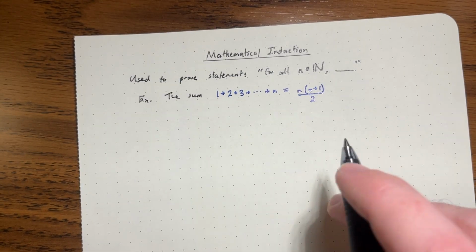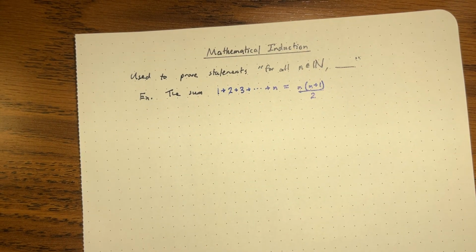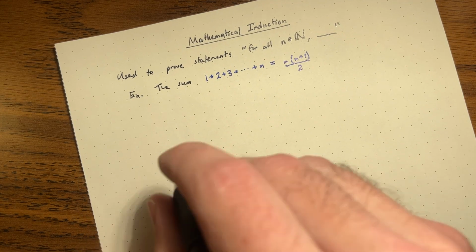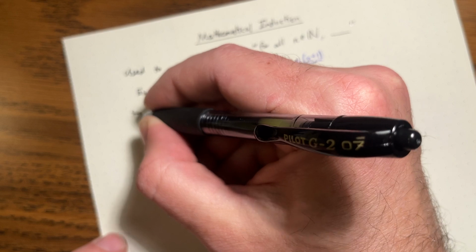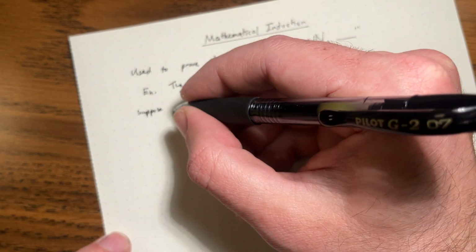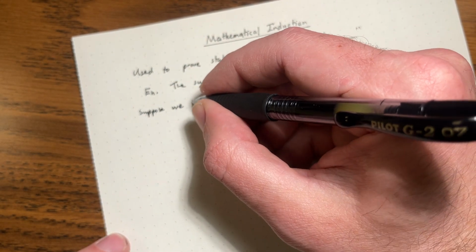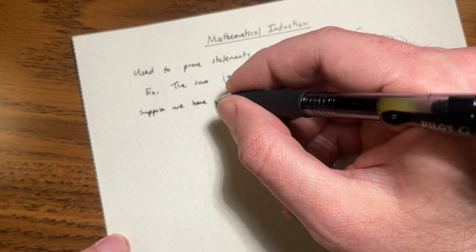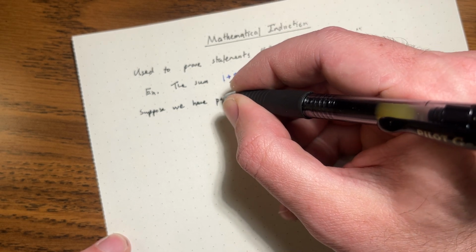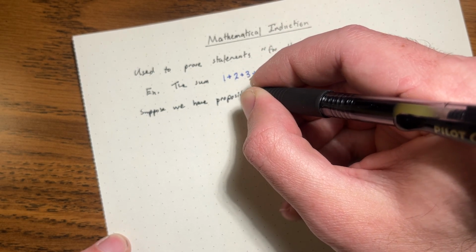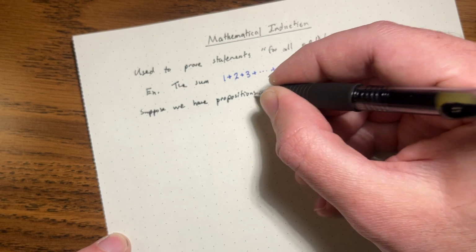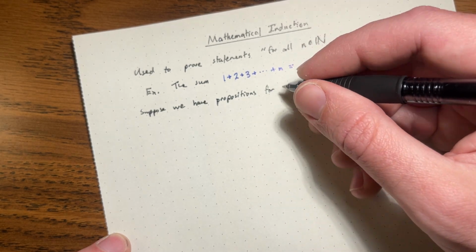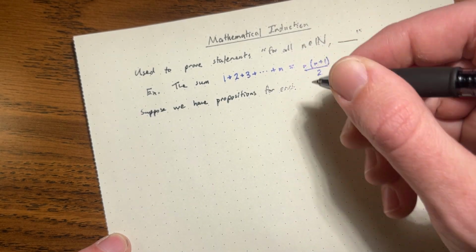So induction is the way to prove something like this, or it's one of the ways to prove something like this. Here's a general setup. Suppose we're given statements, propositions, for each n.